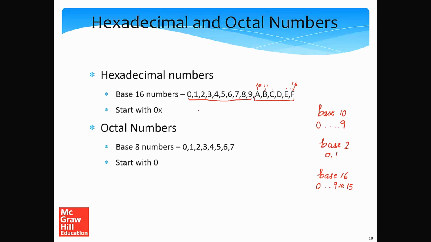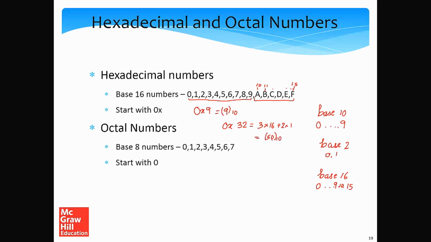The way we represent a hex number is that we typically add 0x before it. For example, 0x9 is actually 9 in base 10. Similarly, 0x32 is equal to 3 times 16 plus 2 times 1, which is actually equal to 50 in base 10.